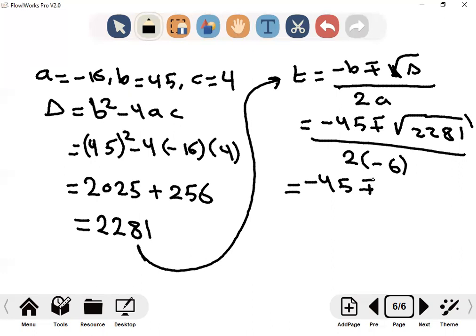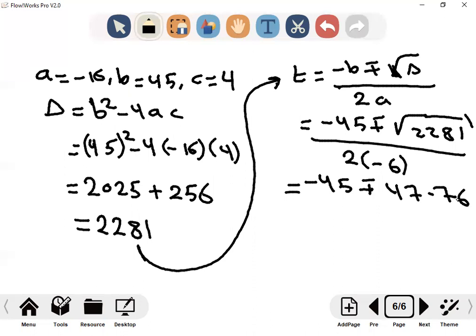The square root of 2281 is about 47.76, rounded.